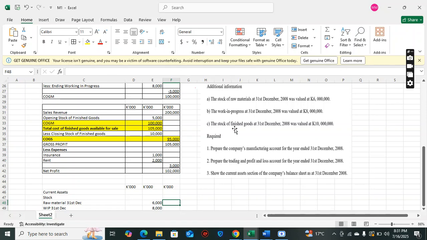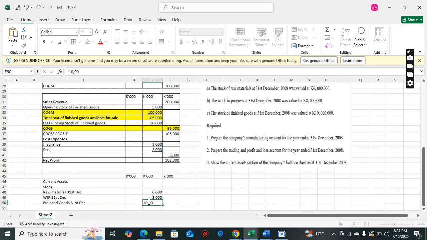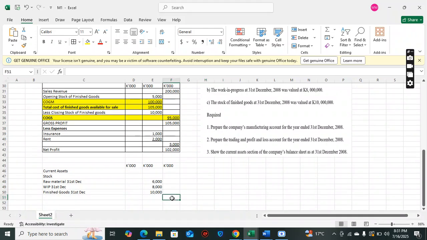And then the finished goods, 31st December, 24,000.